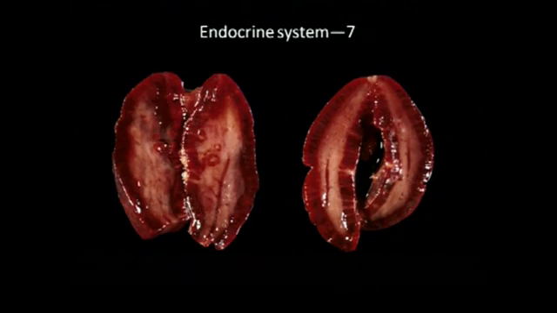It's easiest to see in the cortex and scattered throughout the cortex as multifocal lesions. So multifocal hemorrhagic necrosis, adrenal gland, or adrenal cortex would be a good morphologic diagnosis. Herpes was the cause, but endotoxemia could produce the same kind of lesion. So that would be a perfectly acceptable alternate cause.